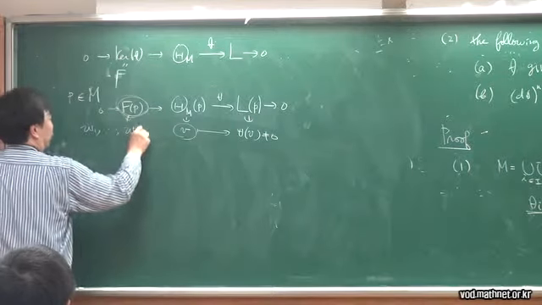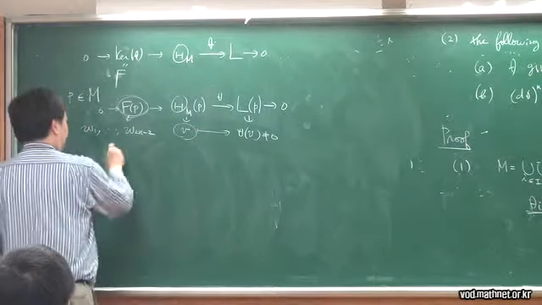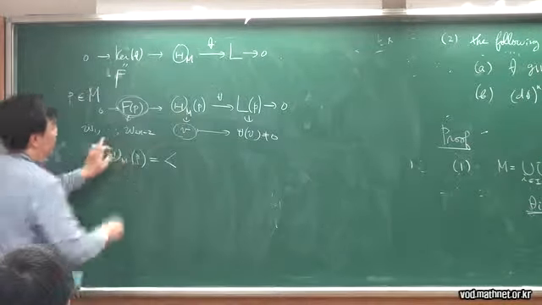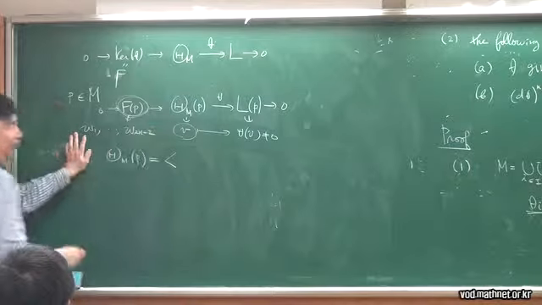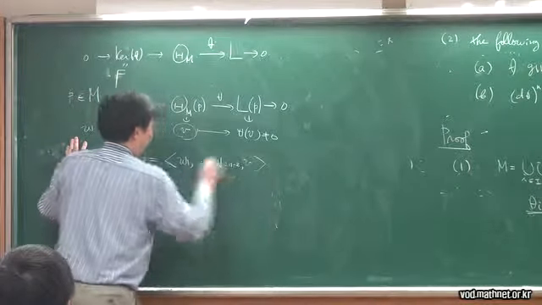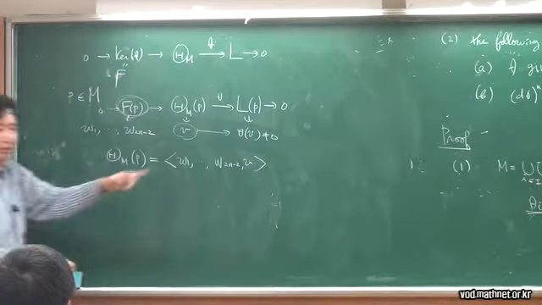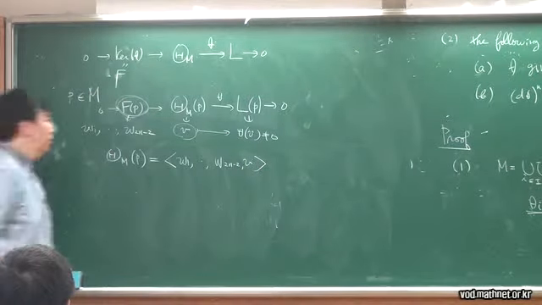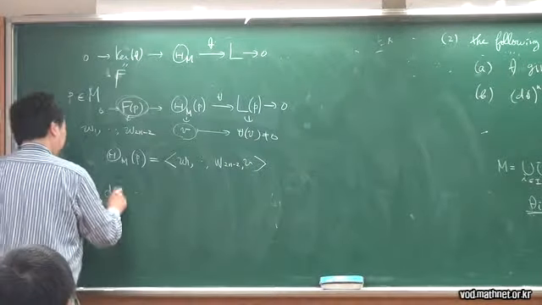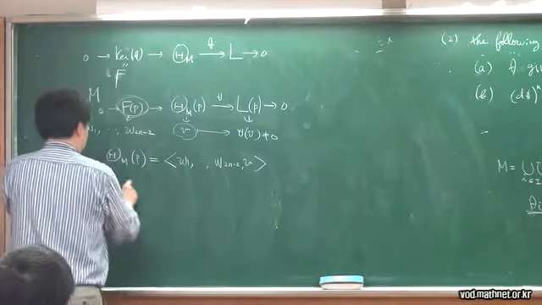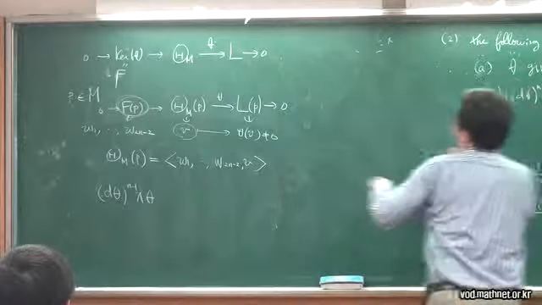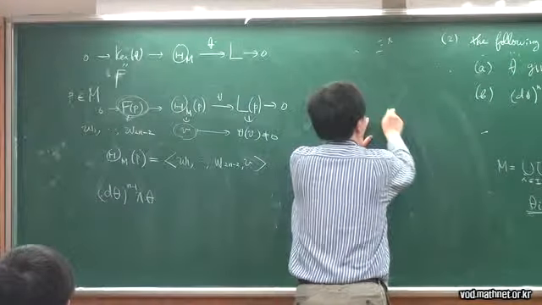Then T_pM as a vector space is generated by 2n minus 1 elements, w_1 to w_{2n-2}, v. This is a basis of the vector space, right? And let us consider the following things. I want to prove that A implies B.